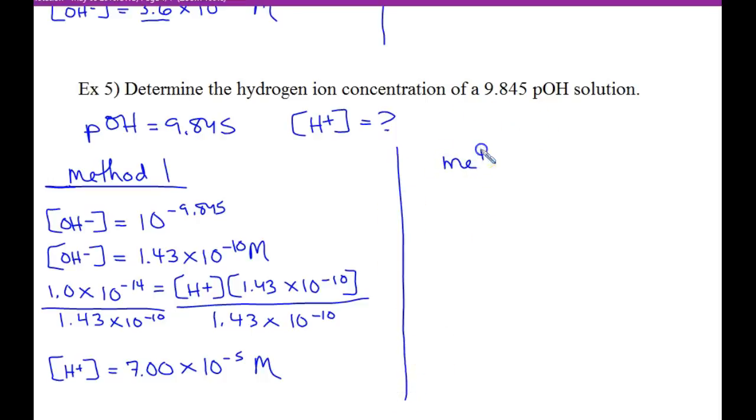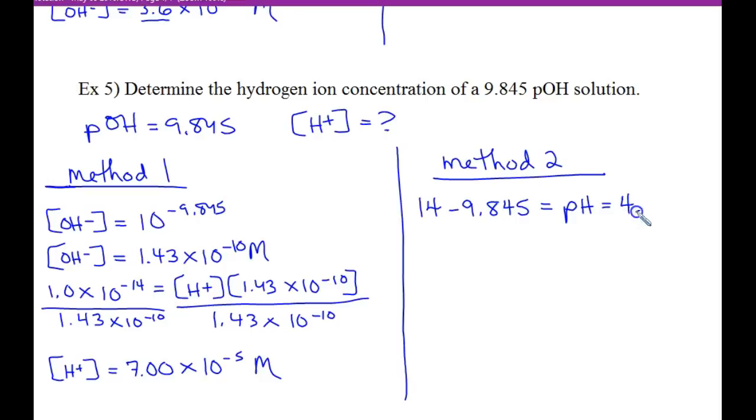And then method 2, we could look at this and say, well, if I have pOH, then I can get pH, and then I can get the hydrogen ion concentration. So if we do 14 minus 9.845, we get the pH, which is 4.155.